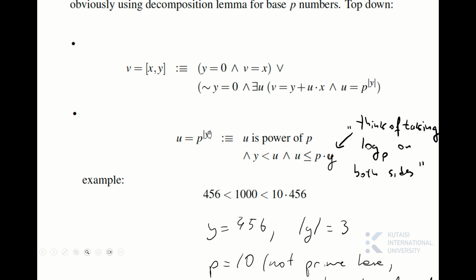U is a power of y is equivalently said: u is not just some power of y, it's a power of p to the length of y. So u is p to the power length of y if and only if u is a power of p, and u is bigger than y and u is less than p times y.